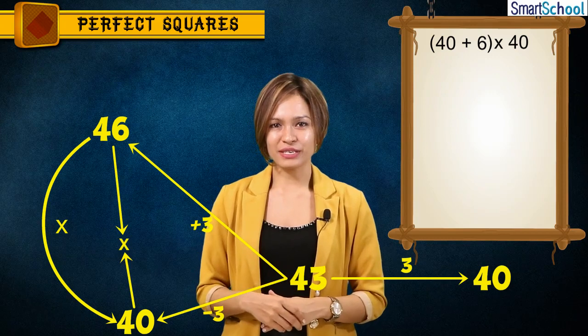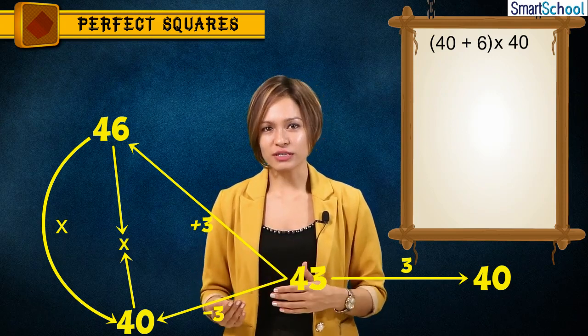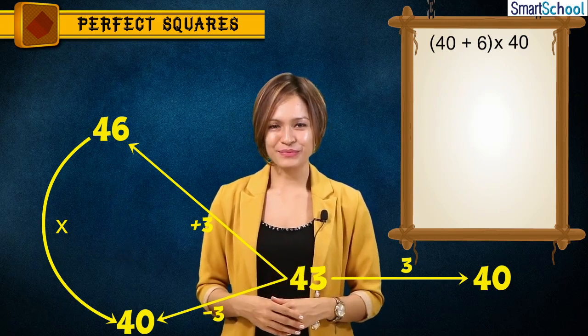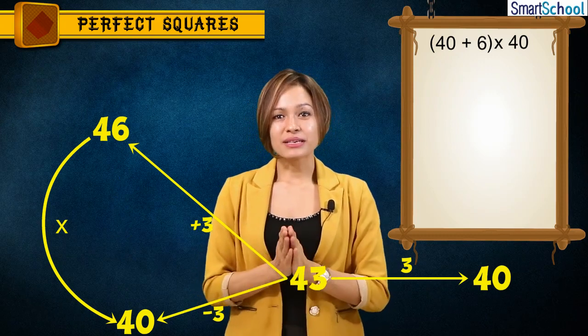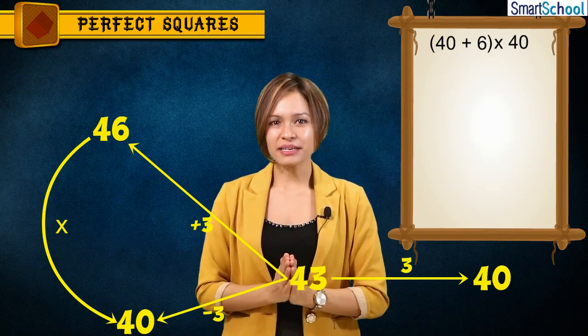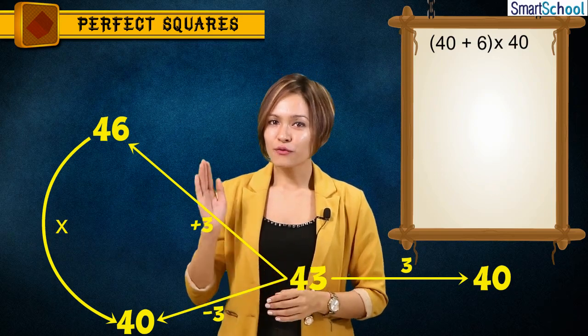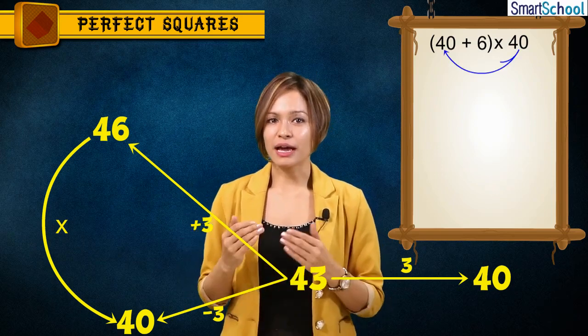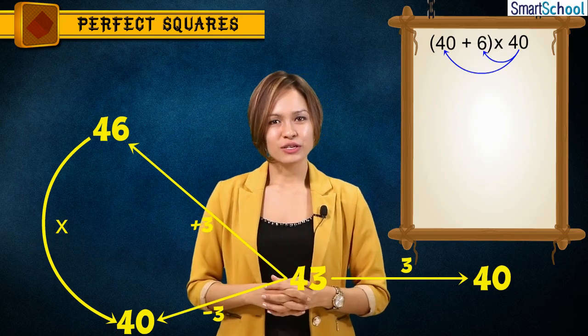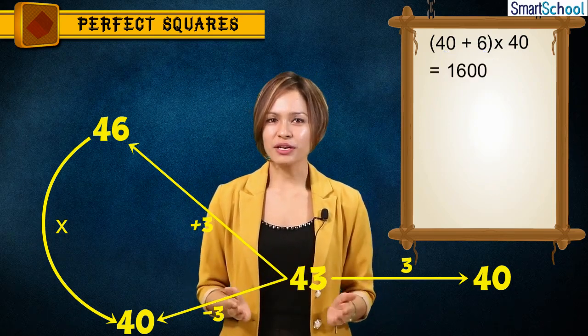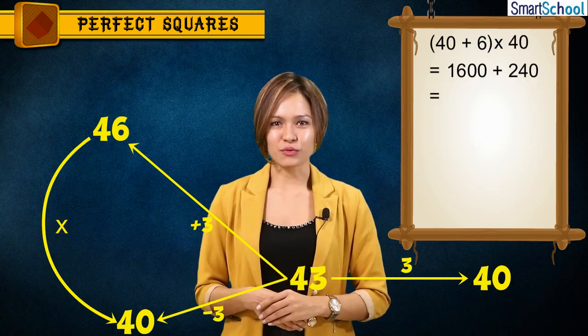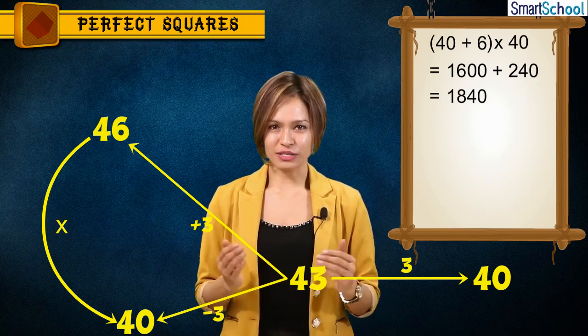So why have we divided 46 into 40 and 6? Yes, because it will be easy and convenient to multiply 40 by 40 and 40 by 6. So here we get 1600 plus 240, that is equal to 1840.